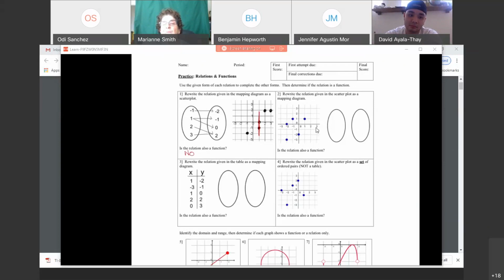Okay, let's take a look at number 2. What do you think about this one? Just looking at the scatter plot, the blue dots, do you think it's a function? What makes you think it's a function? What are you looking for that you're not seeing?